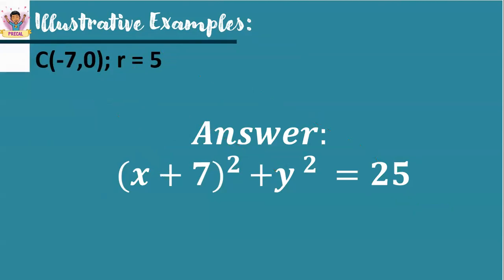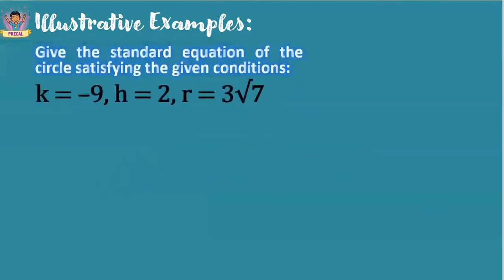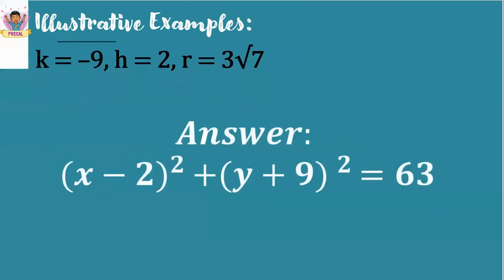So the other problem is a tricky problem. There are also instances that only the k and the h are given. And in this case, our r is a radical. So the answer here is you have to articulate first your h value. So it becomes the quantity x minus h squared, and the k value, that's the quantity y plus 9 squared.